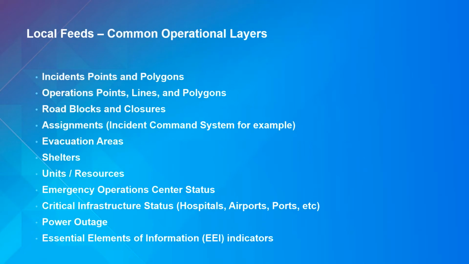Integrate roadblocks and road closure information from local sources. How you're managing assignments and who's doing what. For the response, what's the current evacuation area? What are the local shelters that have been set up? What's the status of critical infrastructure like hospitals or airports or the emergency operations center status? So these again are other good data sources to go look for and look to tie in and build into your existing applications.